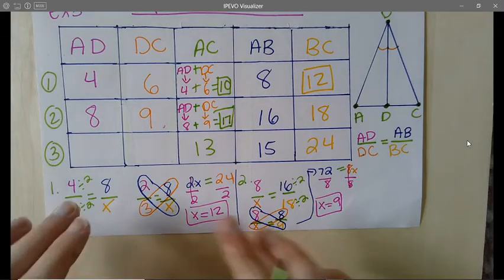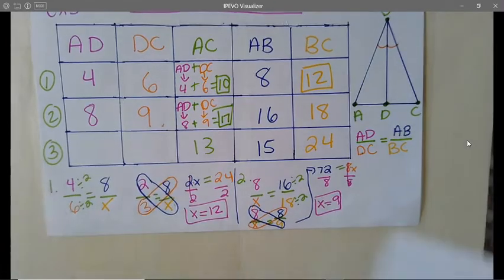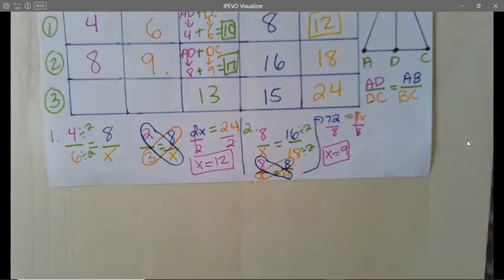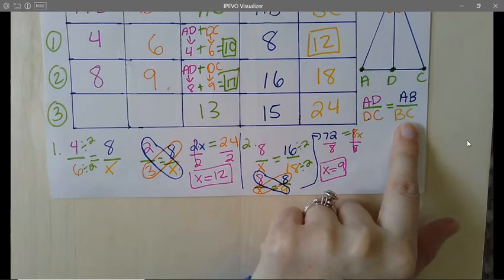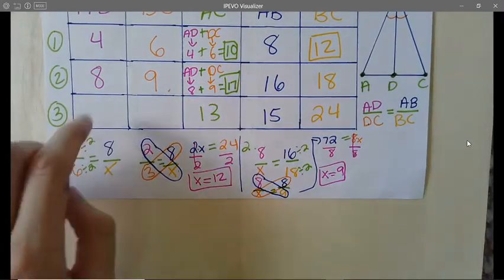Okay, so now we have one more row to solve, which I'm going to add on more paper because I just have a feeling I'm going to run out of room. I just already know it. Okay, so again, this one's kind of strange though. So on this one, I have AB, I have BC, but I don't have either of these values. I don't have AD or DC.